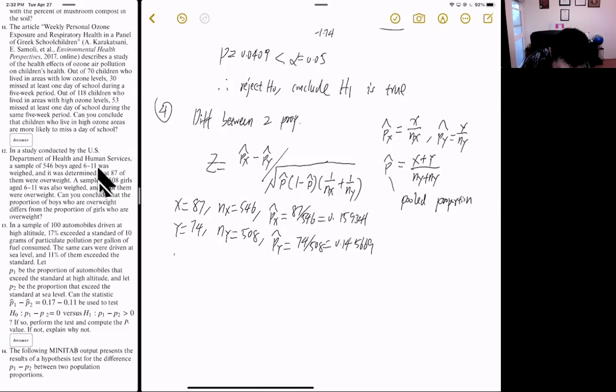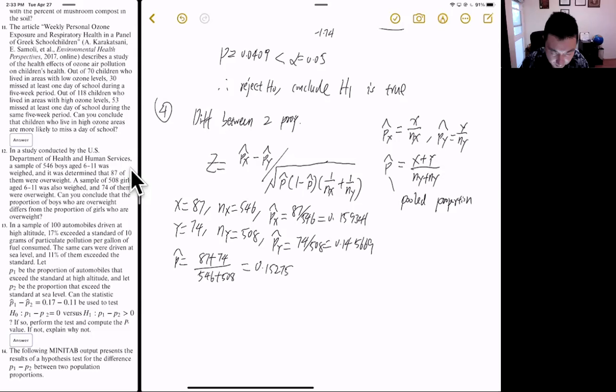And the pooled proportion: x plus y, 87 plus 74, divided by the sample sizes for x and y added together. So that is the pooled proportion.